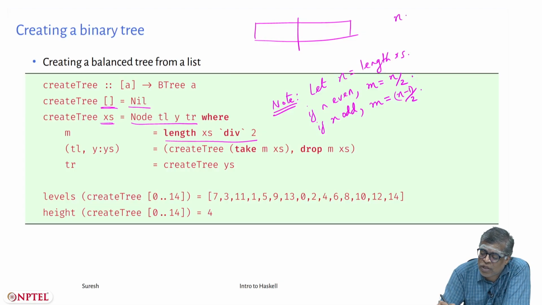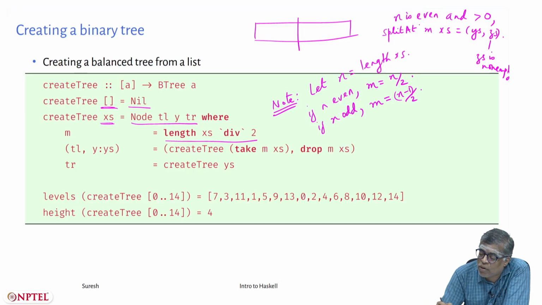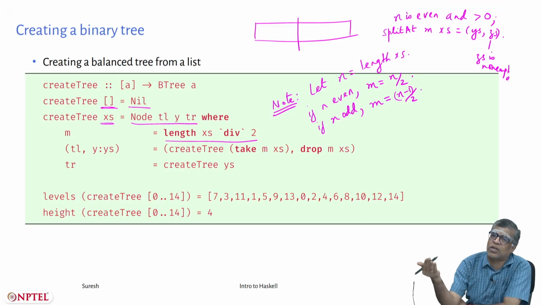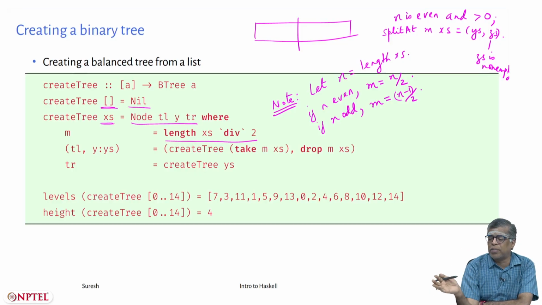Definitely, if n is even and greater than 0, and you split at m xs equal to ys, zs, then definitely zs is non-empty. Why? Because m elements are on the left and m elements are on the right, and m is n div 2, so that is non-empty.